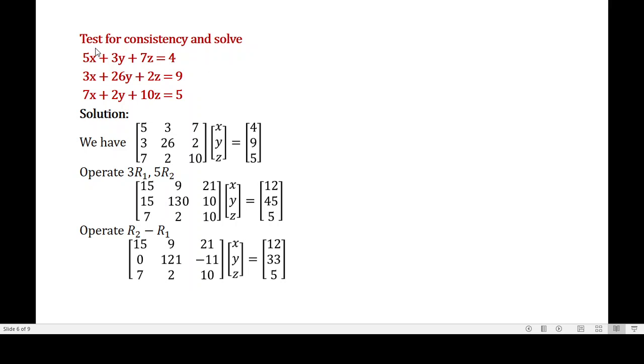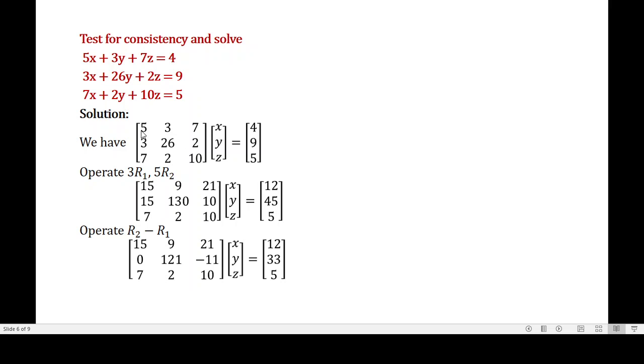So the problem is: test for consistency and solve. 5x plus 3y plus 7z is equal to 4. 3x plus 26y plus 2z is equal to 9. 7x plus 2y plus 10z is equal to 5. There are three equations in three unknowns. Unknowns are x, y and z. First, let us rewrite the equations in the form Ax is equal to D. Okay.